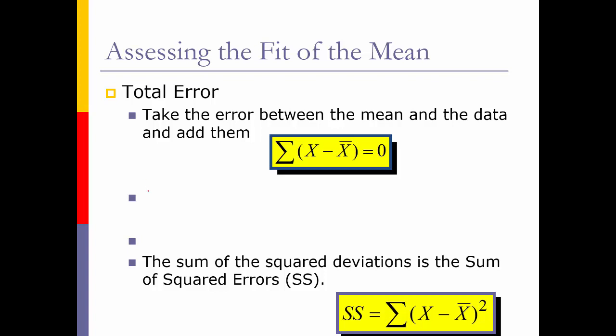What ends up happening is that any deviations from the mean end up canceling out, because some deviations are positive and some deviations are negative.